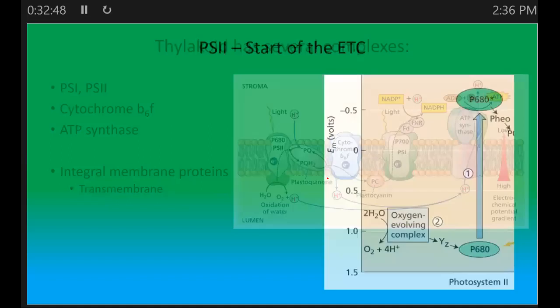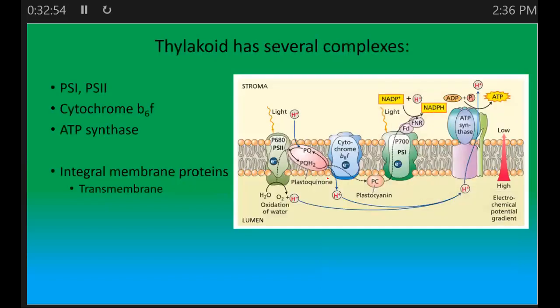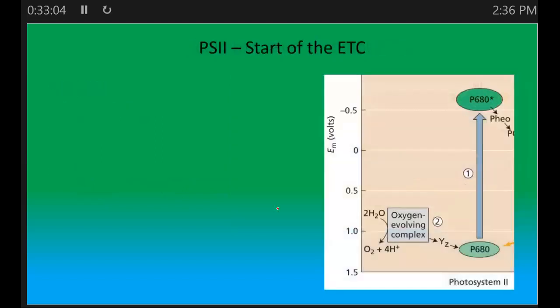Let's start with photosystem 2. It's very standard that when you describe light reactions, you start with photosystem 2. So we're looking at this end of the figure. We need to think about light energy getting into photosystem 2 and reaching the reaction center. Then the chlorophyll electron gets excited, so you would write that as P680 going to P680 asterisk.